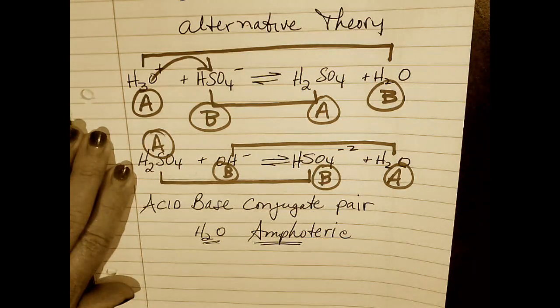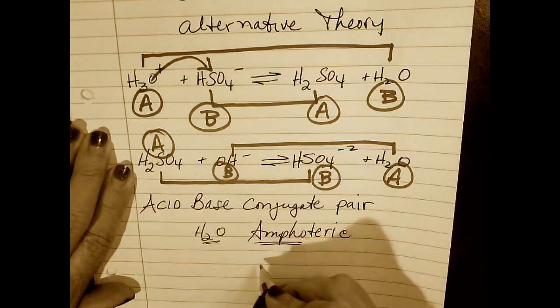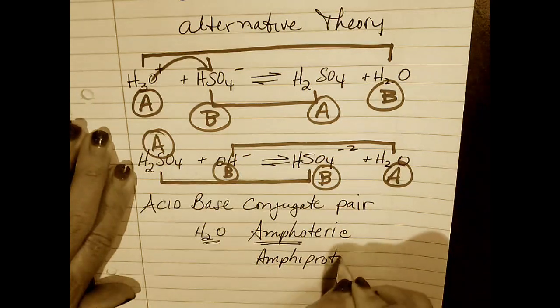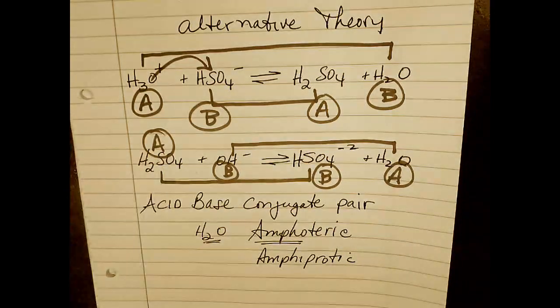So amphoteric is that phrase that we use to describe a species that can act as both an acid and a base. It's also called amphiprotic. I've seen that word also.